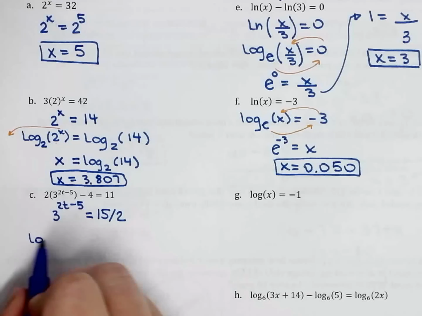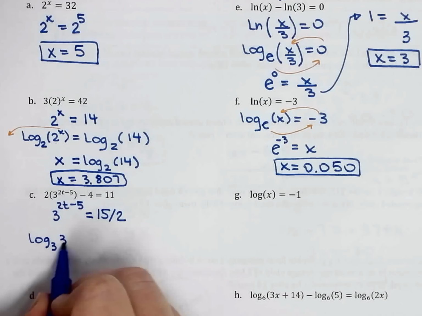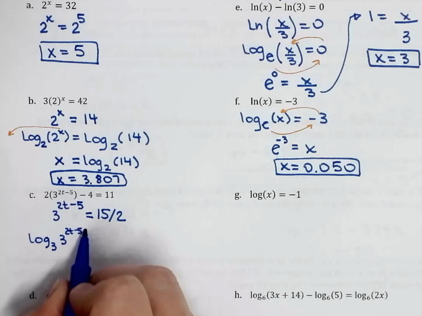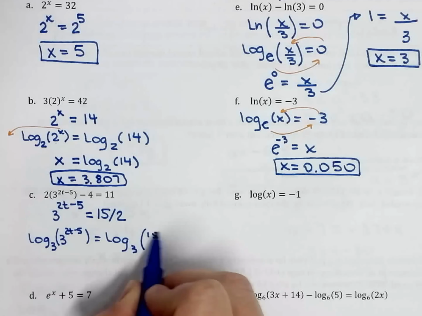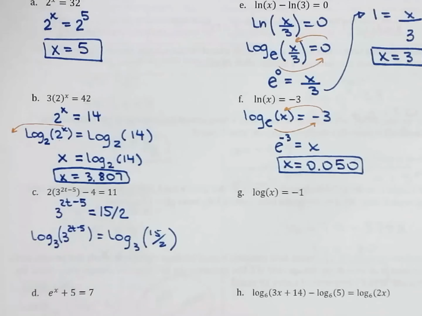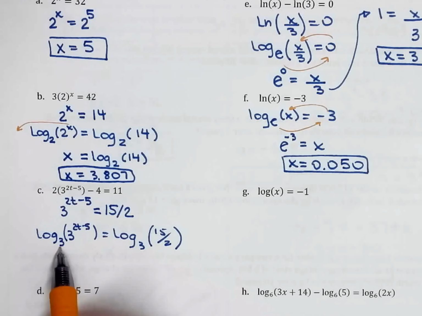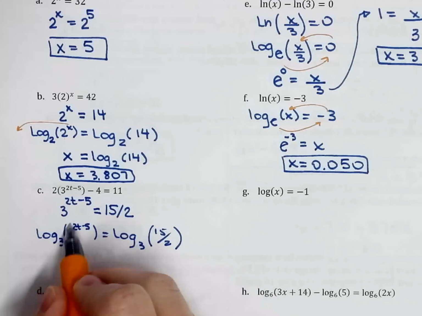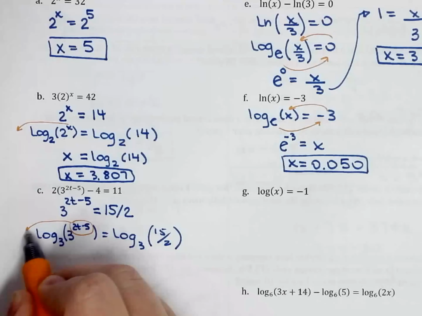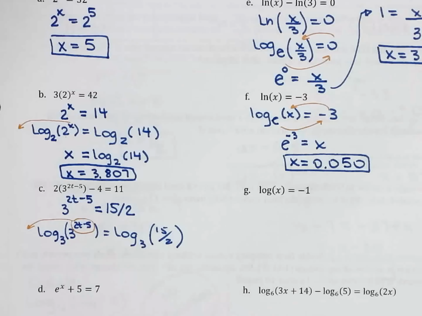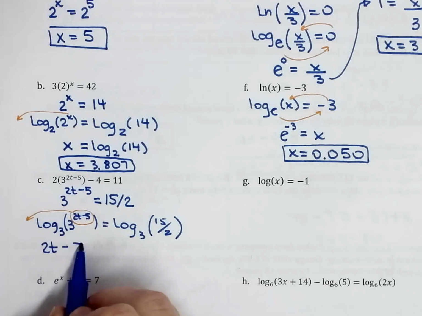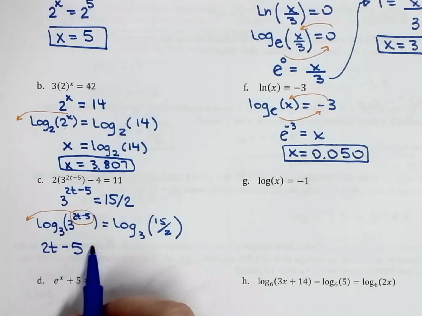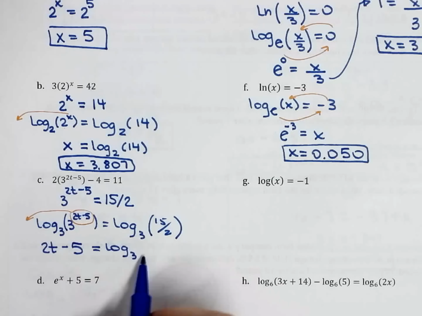So I will take log base 3 of both sides. So now base and arguments are the same. That means the exponent is going to go in the front multiplying. So I have 2t minus 5 times 1 equals log base 3 of 15 over 2.